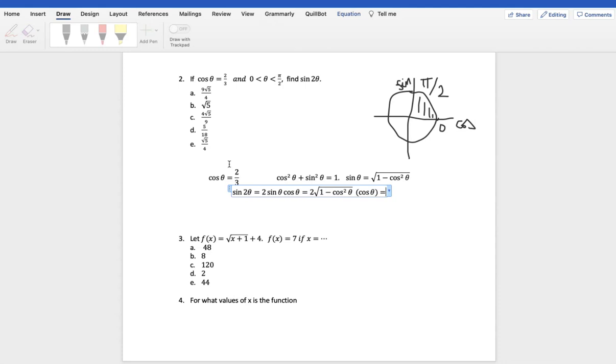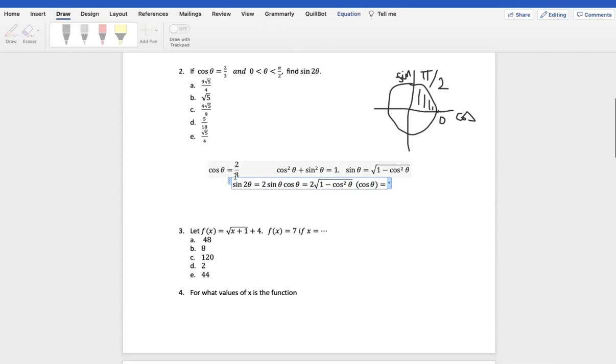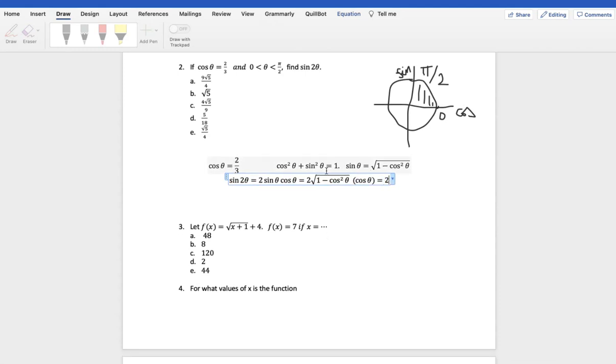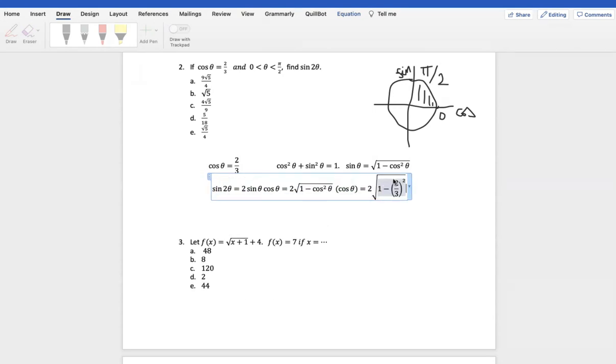And you've already been given cos theta, which is 2/3. So this will just be 2 multiplied by the square root of 1 minus 2/3 squared, multiplied by 2/3.